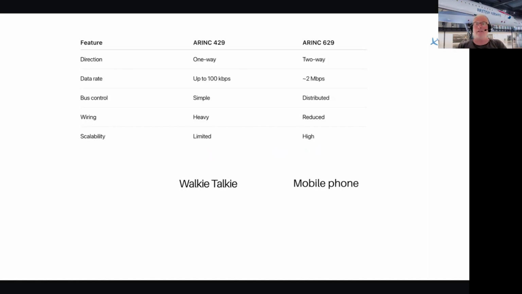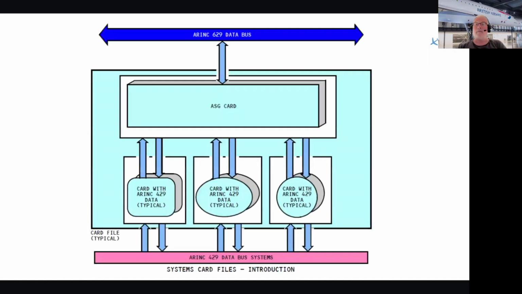To see it in pictures, again, another picture from Boeing training notes. So you'll see the Arinc 629 data bus. It's just one data bus, one line. And the units, the LRUs, connect to it on a bidirectional data line, transfer line, bus, whatever you want to call it, to the card within the aircraft.